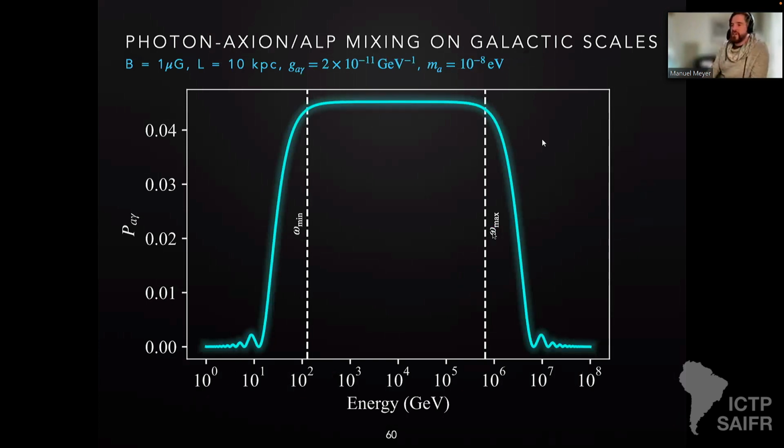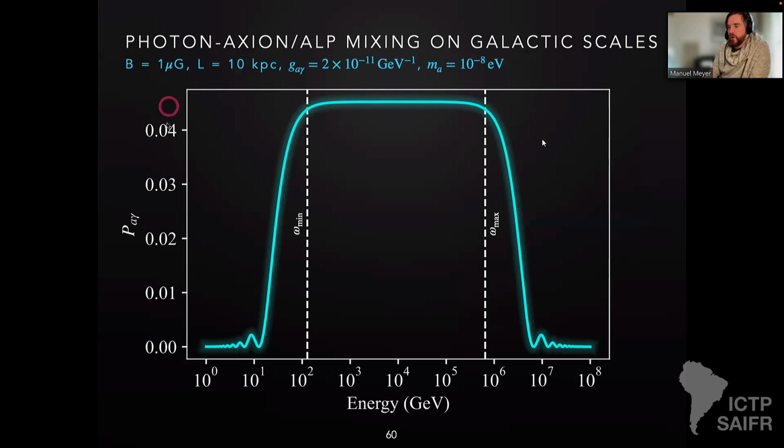So enough of equations. Let's assume we have a magnetic field that has a field strength of around a microgauss, is coherent, so essentially constant along 10 kiloparsecs. So this is roughly what you can assume for the Milky Way. We have a coupling given by this value and a mass of 10 to the minus 8 electron volts. So if you would propagate an axion through this magnetic field, this would be the oscillation probability.